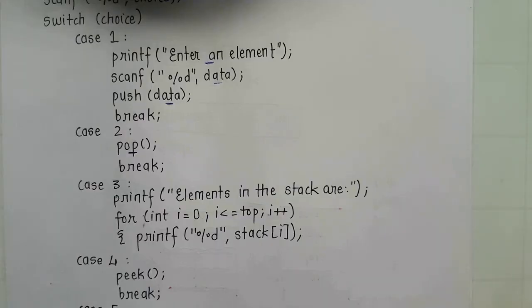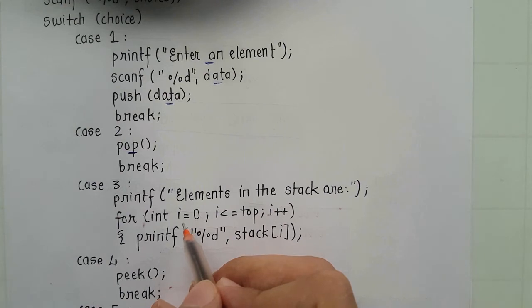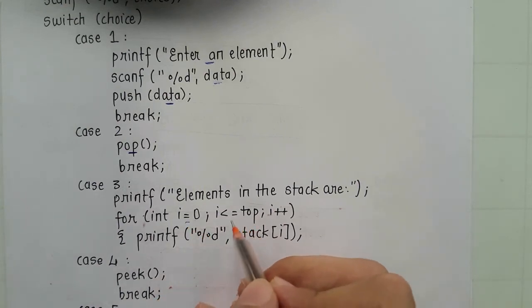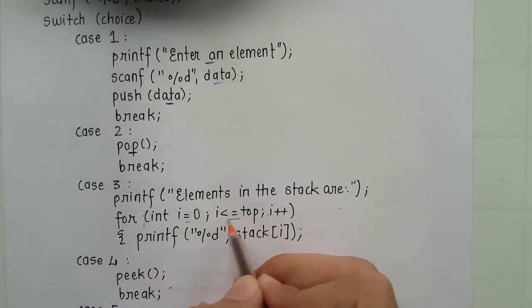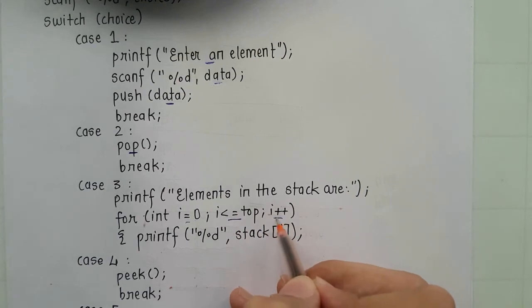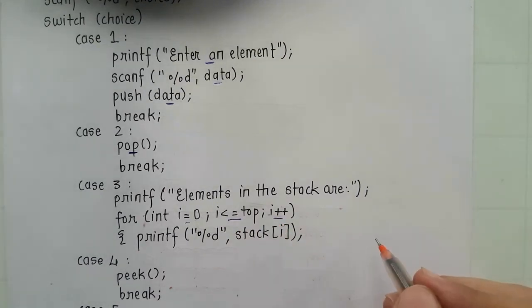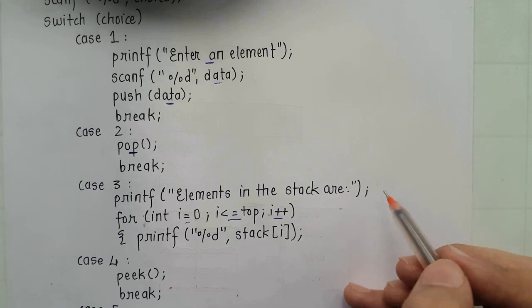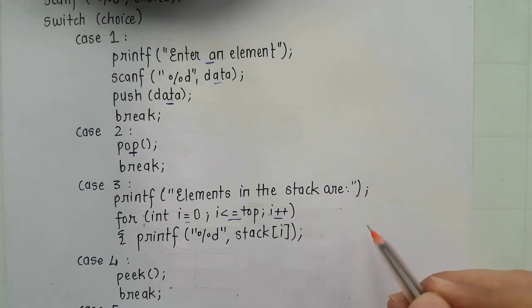Let's have a look at displaying the elements. So elements would be displayed using the for loop: for i equals 0, i smaller than or equal to top, and i plus plus. We'll see how we print this later on. Case 4 is calling the peek function and case 5 is the exit.